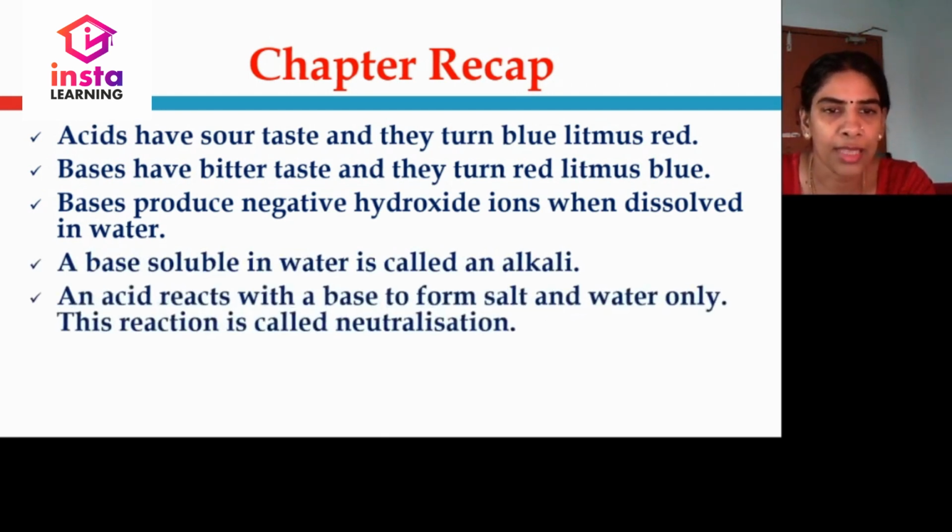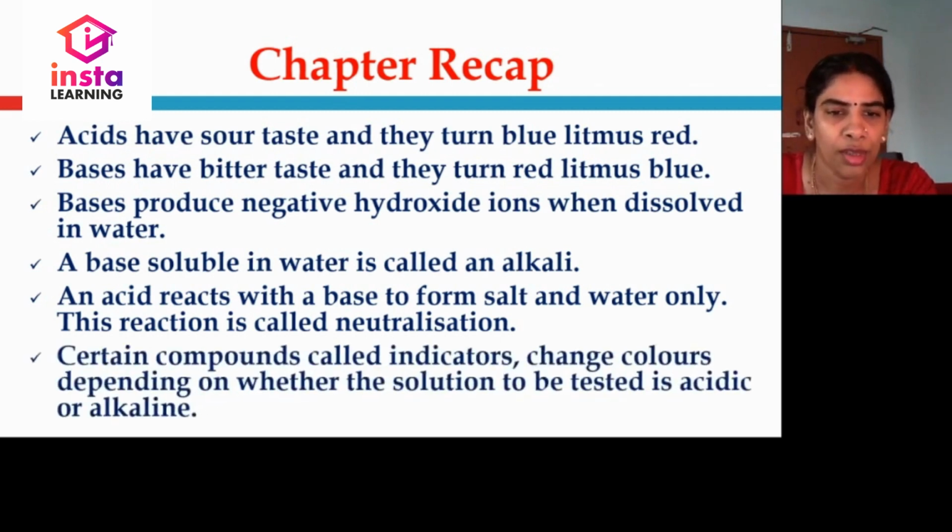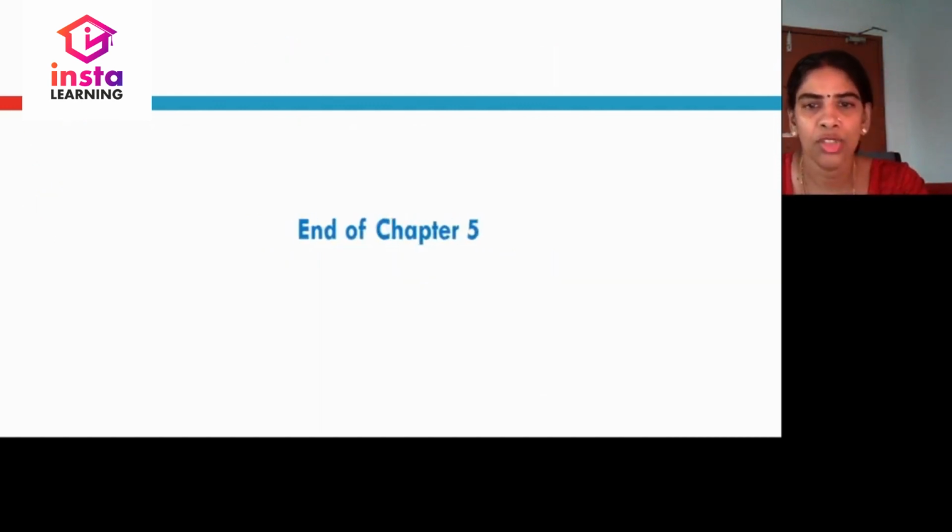An acid reacts with a base to form salt and water. This reaction is called a neutralization reaction. Certain compounds called indicators change color based on whether the solution being tested is acidic or alkaline. This ends chapter 5.